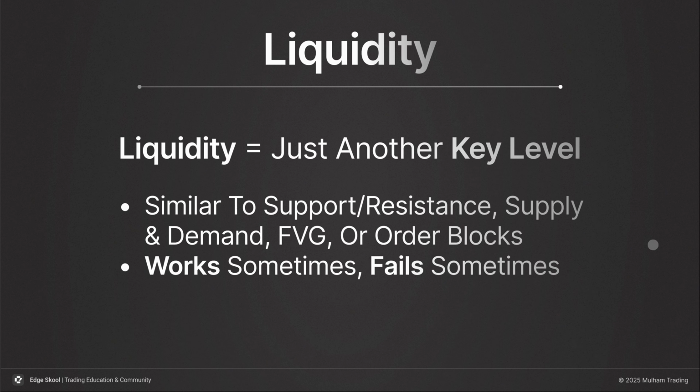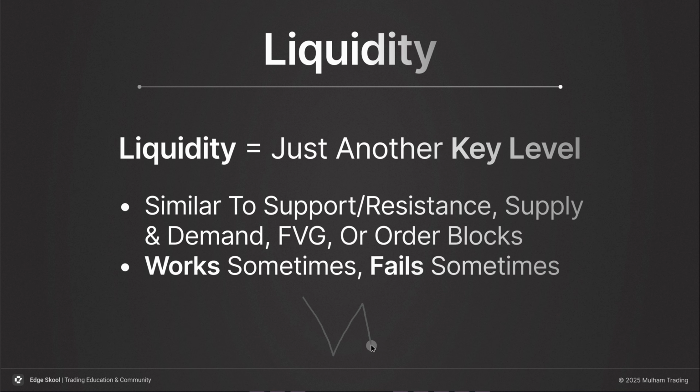We only know that based on probability, these zones work sometimes. Same as supply and demand. By definition, it's not a supply or demand area that institutions use, but instead it's just an area that, based on pattern recognition and probabilities, works sometimes. So it works sometimes and fails sometimes.